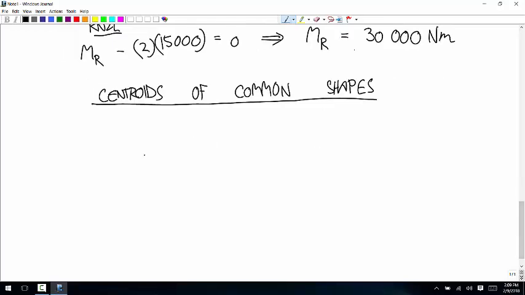The first one is a triangle, right triangle. So this is 90 degrees. This is the base, this is the height. And the area is base times height over 2.